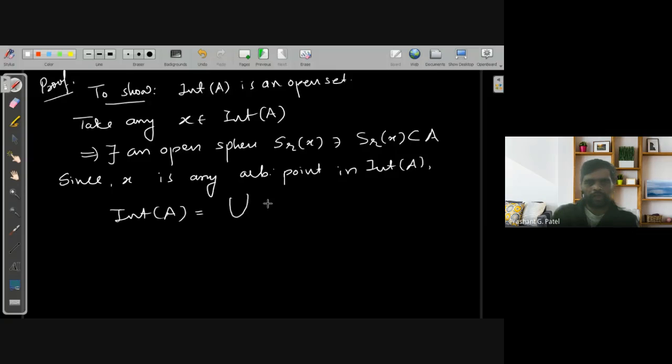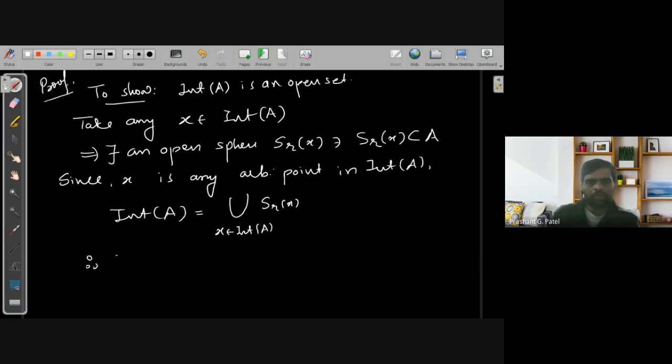So I can say it is the union of S_r(x), where x is in the interior of A. So this interior is actually a union of open spheres. But open spheres are always open, and previously we have proved that a union of open sets is open. So that's why this is an open set.